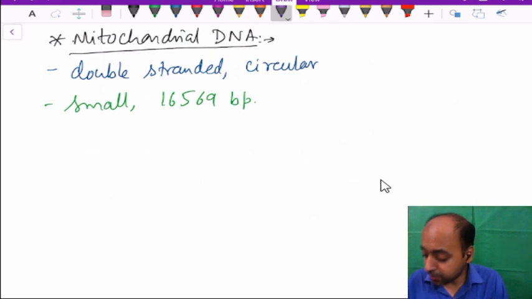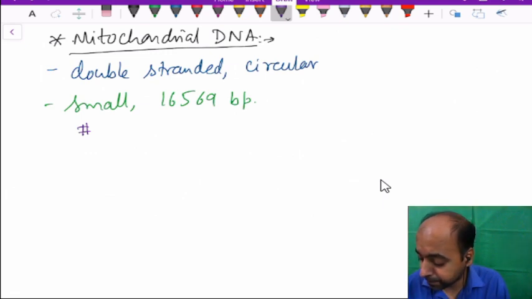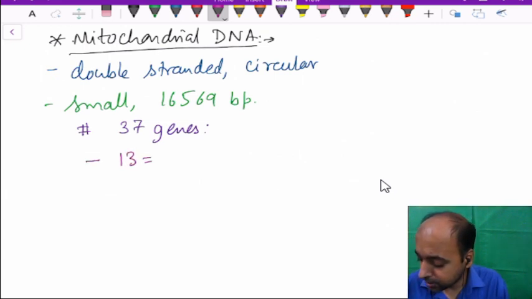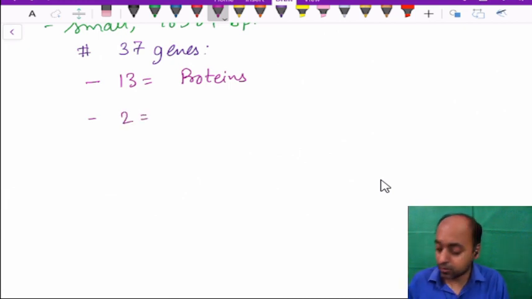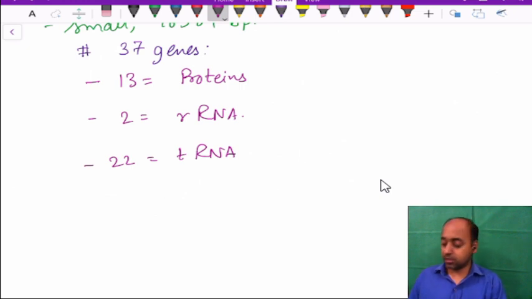The 16569 base pairs together code for 37 genes. 13 are for proteins, 2 are for ribosomal RNA, and the remaining 22 are for transfer RNA.